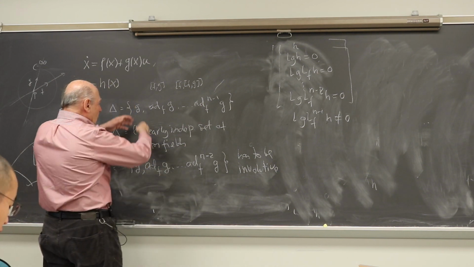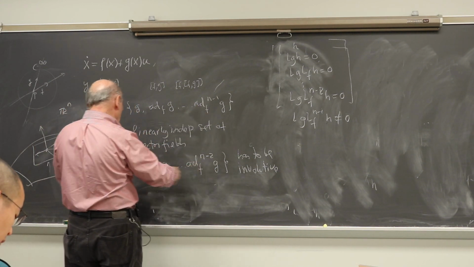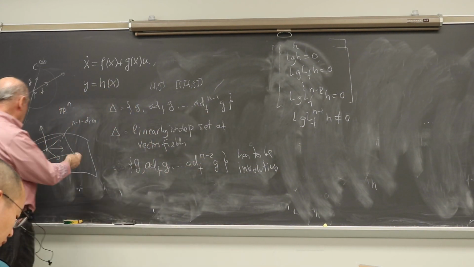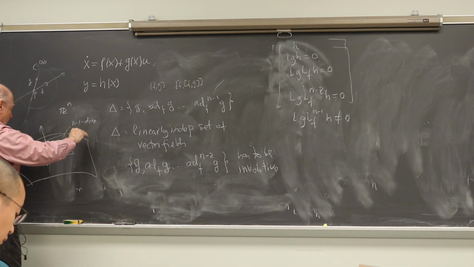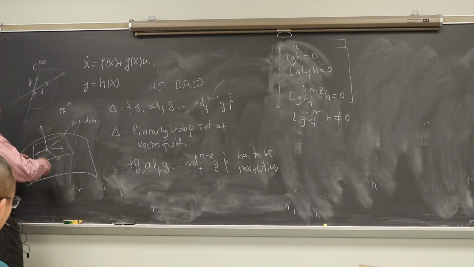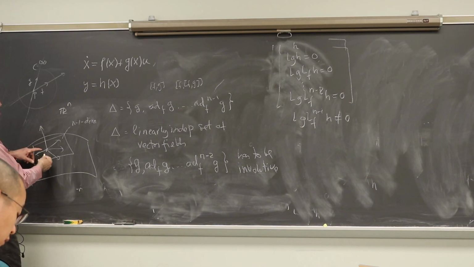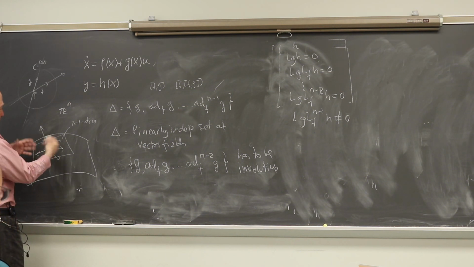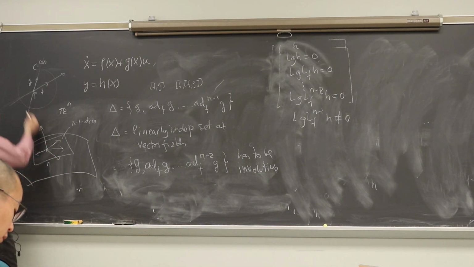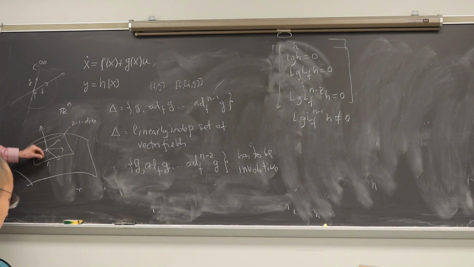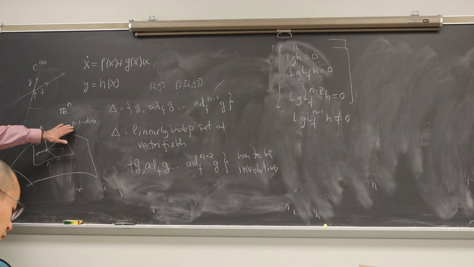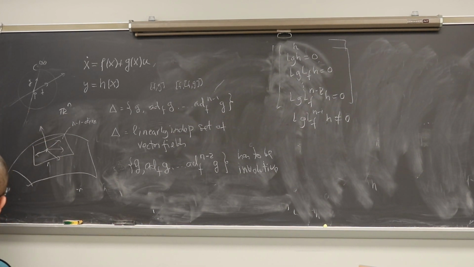This is a set of necessary and sufficient conditions for this distribution to be not only linearly independent and involutive, but to represent the possibilities of actually constraining to this tangent space all the internal dynamics, which has indirect access by the control, but the control only acts in this direction. So I can move in the state space from this point to the next, because the control will enter in this free dimension in the n-dimensional space.